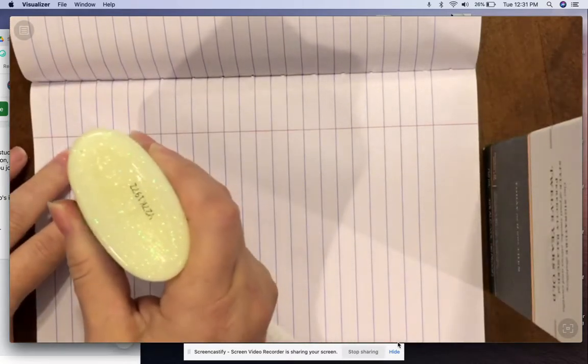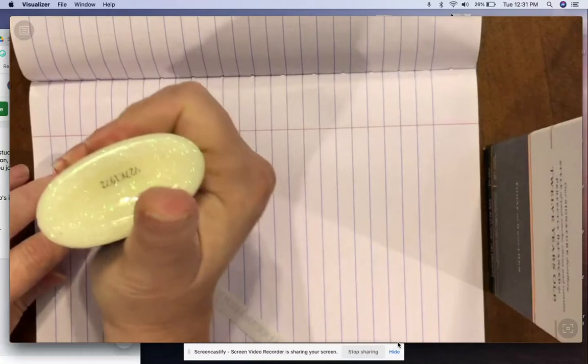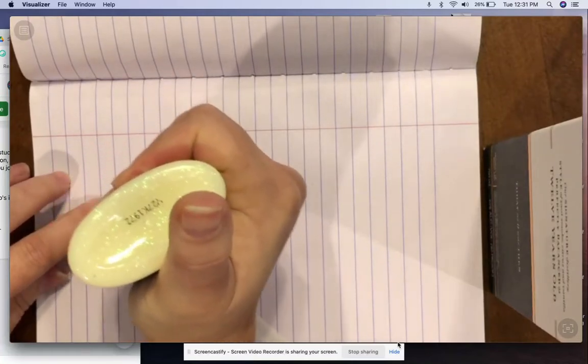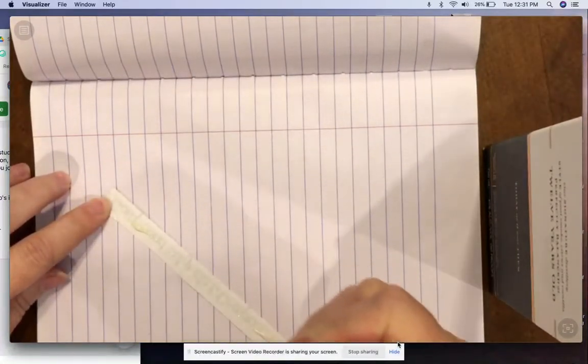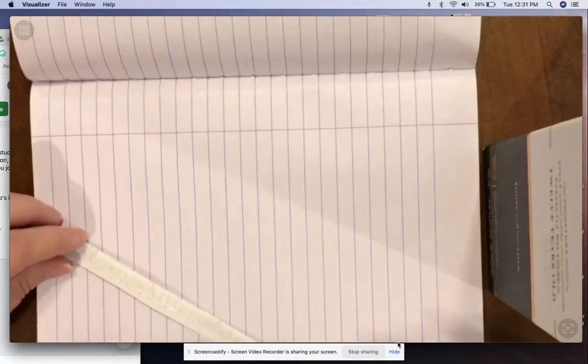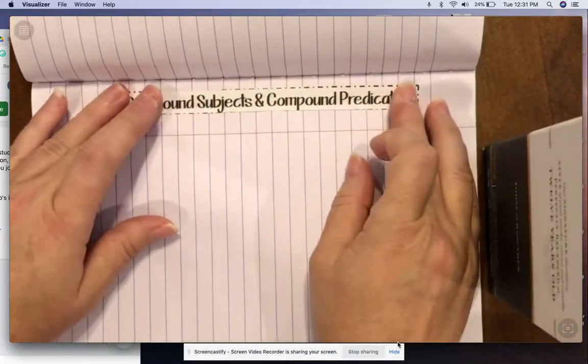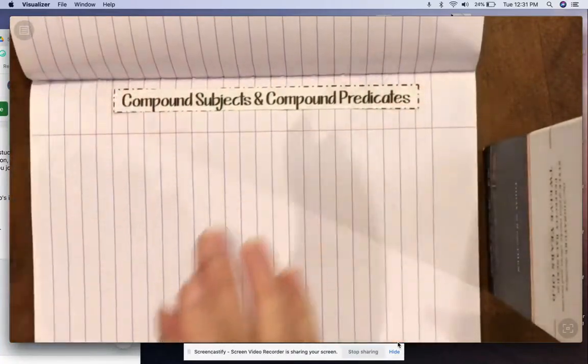So you probably have a glue stick handy. I hope so. Well, I haven't used glue at my house in so long, so even this glue doesn't want to work today. This is going to go at the top: compound subjects and compound predicates.